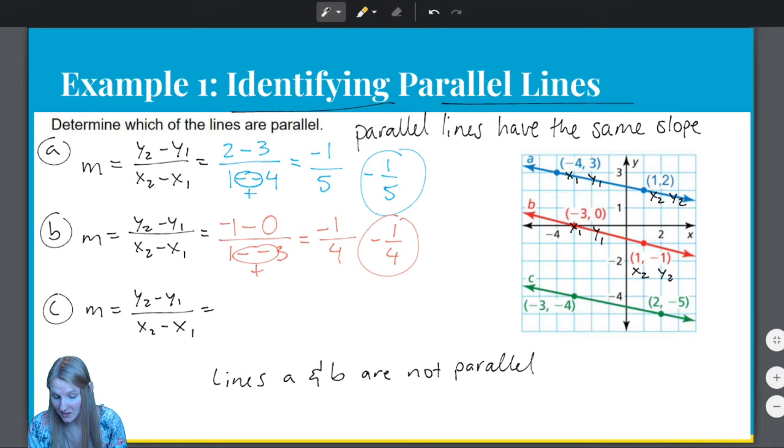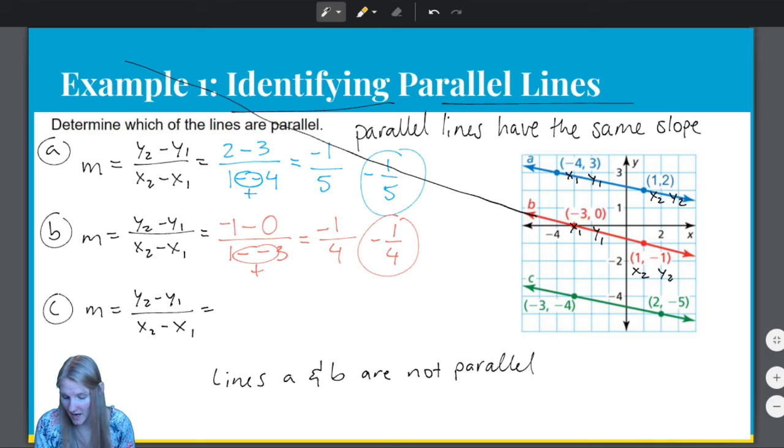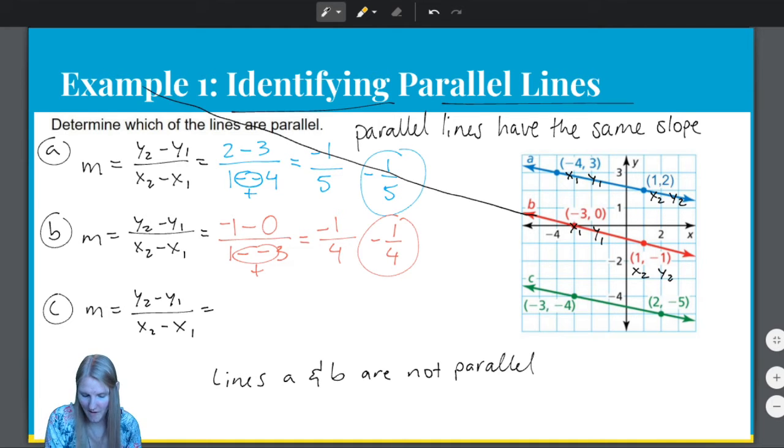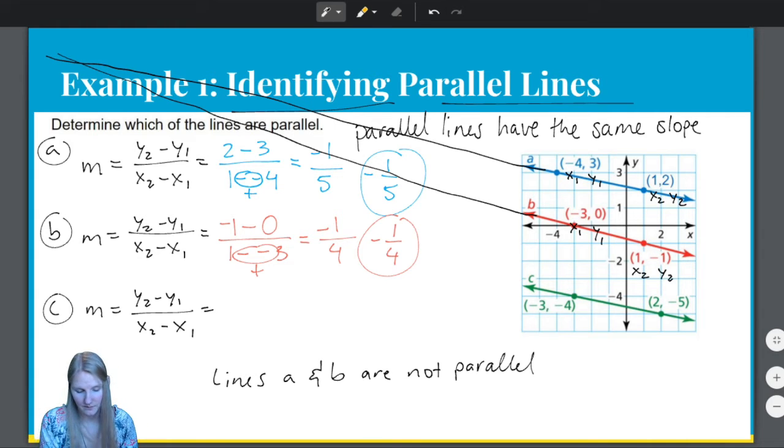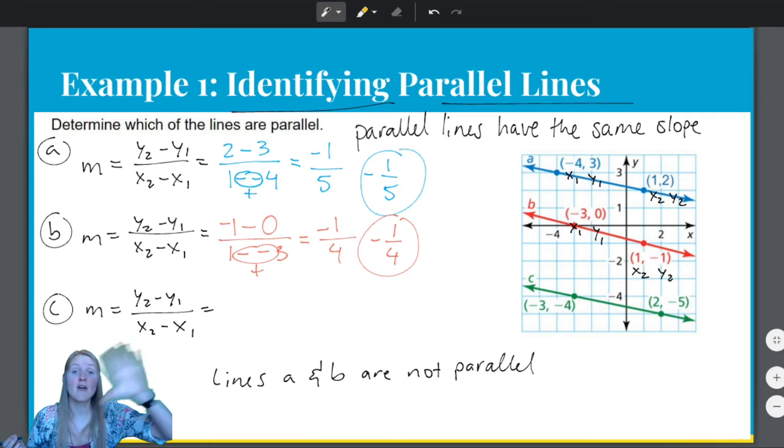But if we extended these lines forever and ever, they would eventually cross.